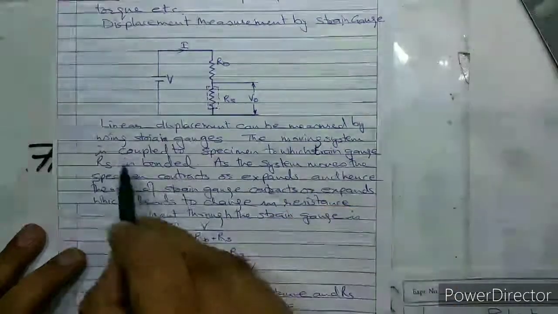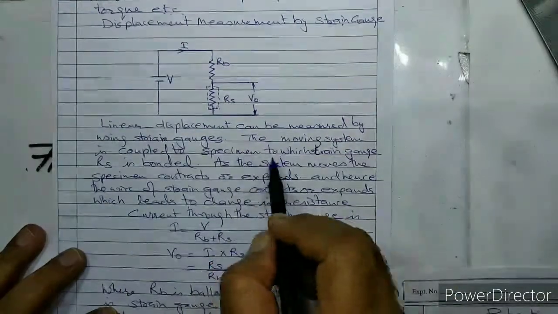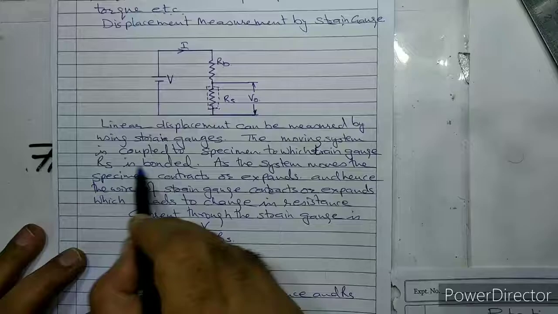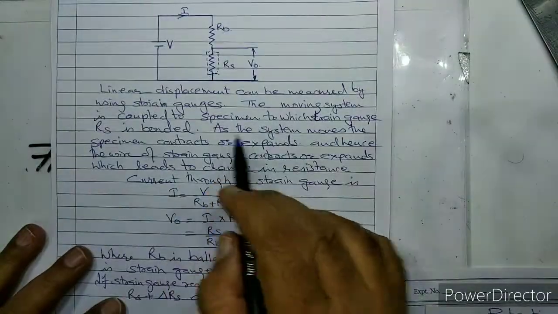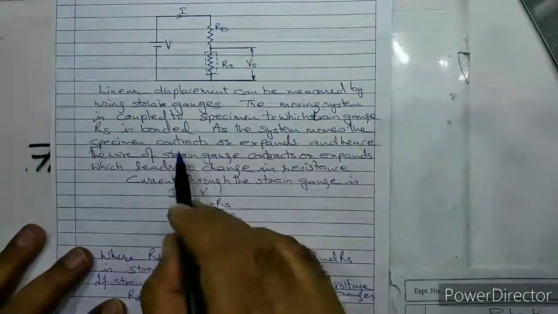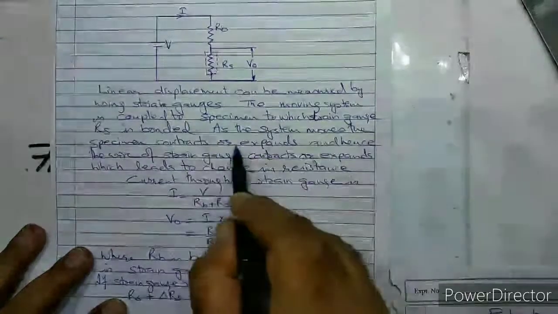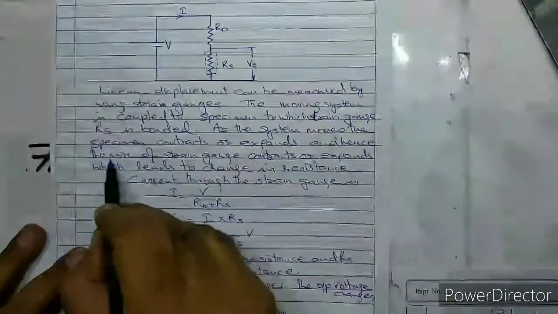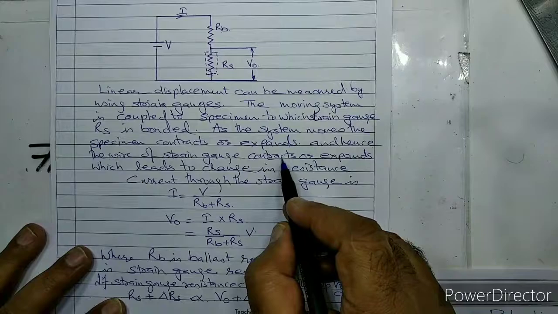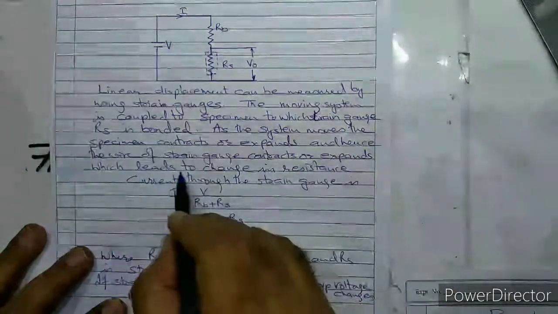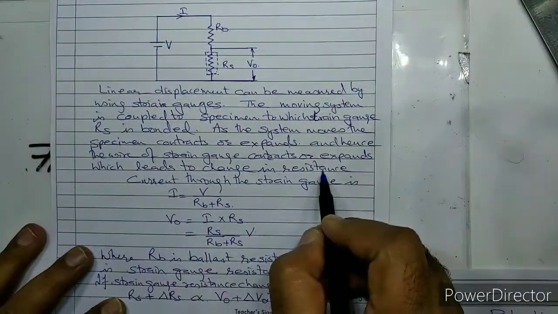The moving system is coupled to a specimen to which the strain gauge RS is bonded. As the system moves, the specimen contracts or expands, and hence the wire of the strain gauge contracts or expands, which leads to a change in resistance.